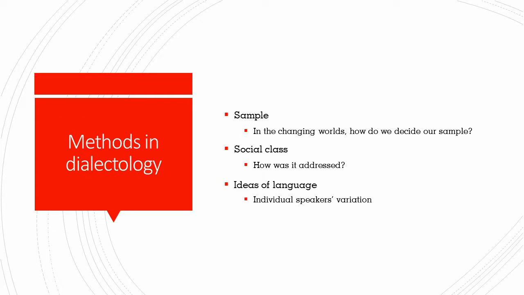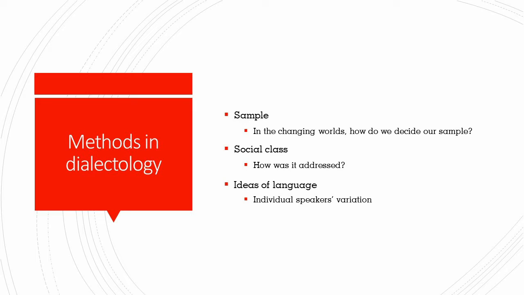After we learn some terms related to language variation, now we are going to discuss some items related to research in language variation and issues that might appear when we conduct it. First, we are talking about methods in dialectology. One of the issues in this kind of research has to do with the sample used for the research.